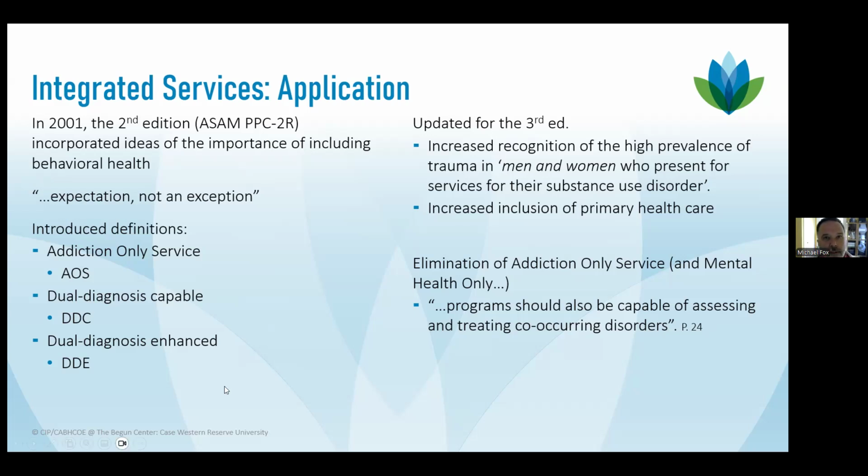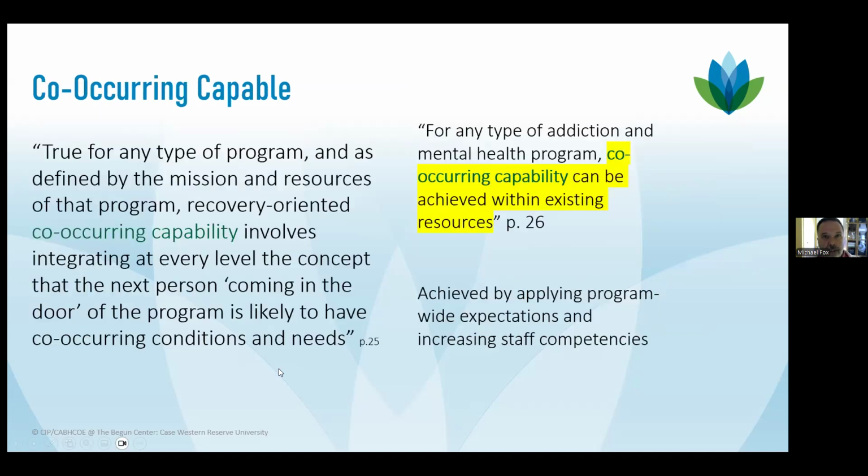By 2013, in the third edition, they updated this and they said no program should provide such siloed care that you're only going to touch one area. So they said that every program, whether you're talking about an addiction-focused program or a mental health-focused program, should be able to provide at least some level of recognition and integration.